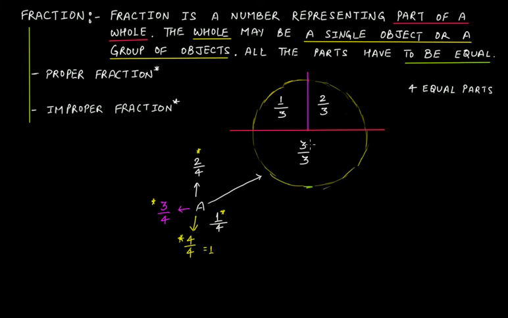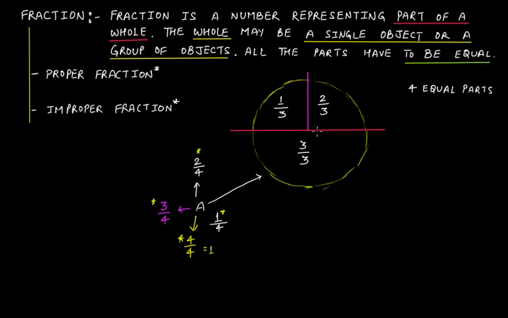You can clearly see that in this case, the parts into which this pizza has been divided are not equal. These 2 parts are equal, but this is not an equal part, and that's what has been mentioned here, that the parts in which you divide your item or the whole thing ought to be equal.